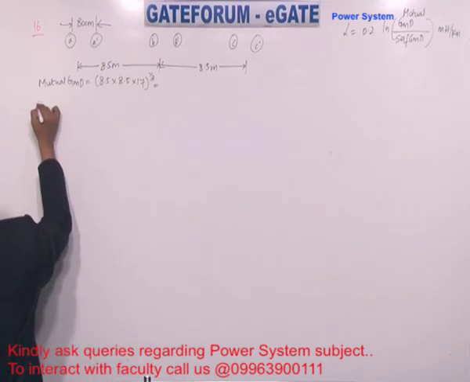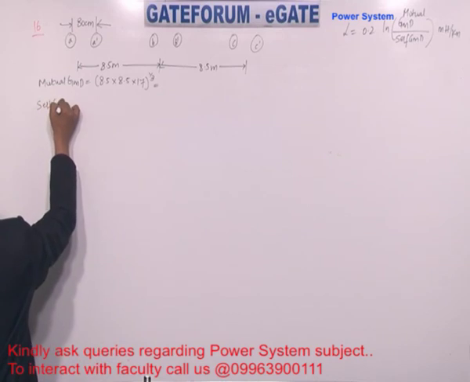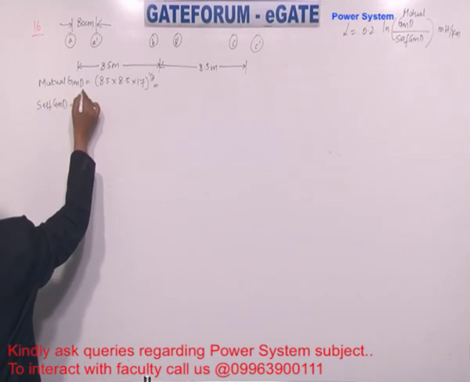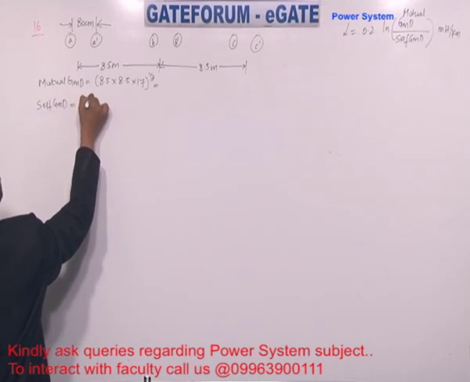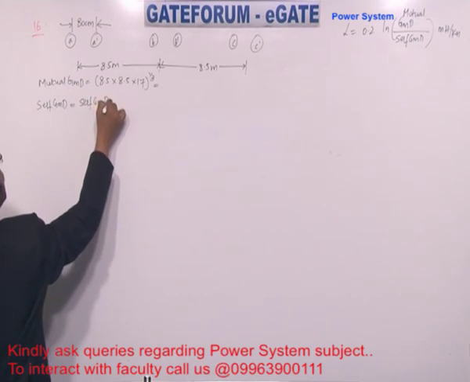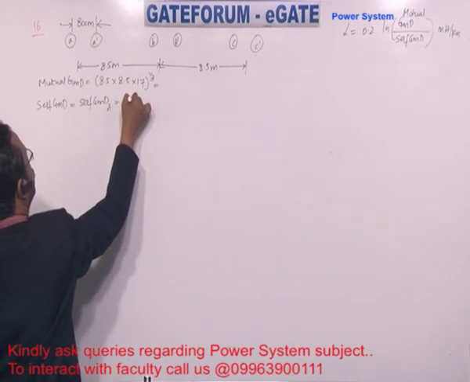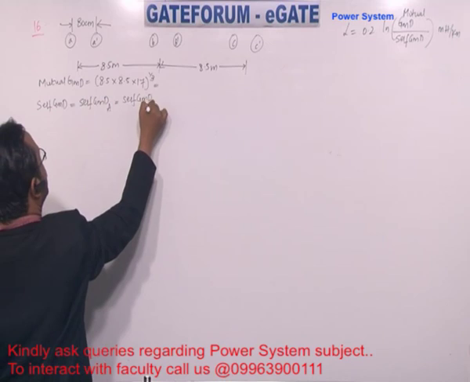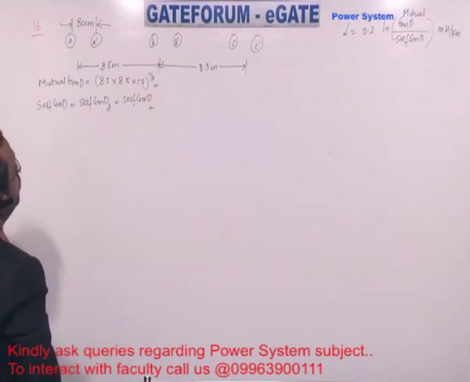Now, how to find what is self GMD? You can find for any phase, or you can find for any subconductor A. How to find for a subconductor A?